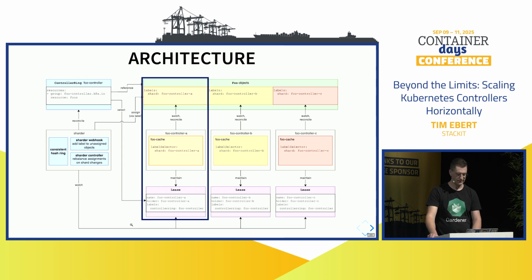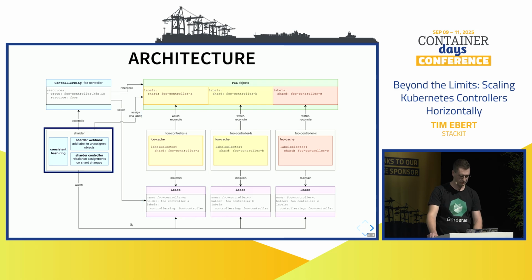The goal is that every single instance is responsible for a portion of all the Kubernetes API objects. To achieve this, we have a new component. It's called the sharder. The sharder is configured via another custom resource. It's called the controller ring, where we can specify the API object types that our controller is responsible for.